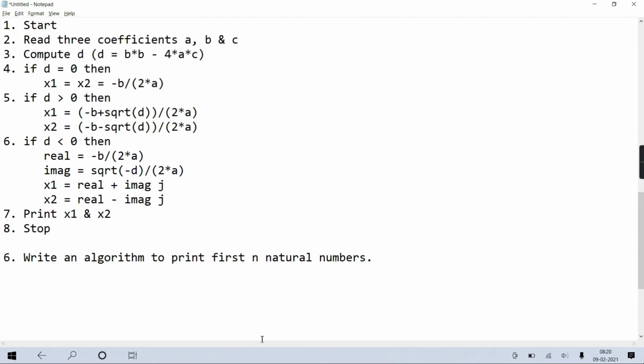So what I'll do is, n you'll accept from the user, and then we'll keep one counter which will start from 1. A counter is a variable which keeps track of how many times the activity is done. Suppose I told you to do fasting every Monday, and do it for 16 times.